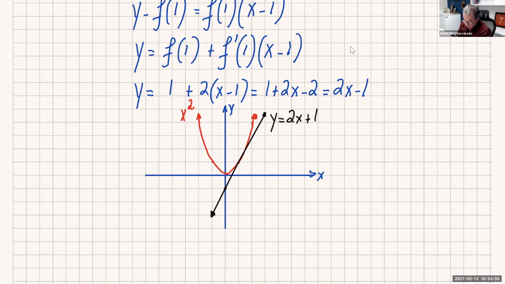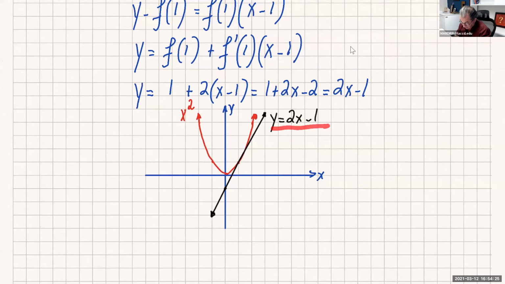So basically the y-intercept is negative 1, so you go down 1. That's the y-intercept. And the slope is 2 over 1. You go up 2 and over 1. And you just connect these two points. And that's going to be the equation of the tangent line at that point.